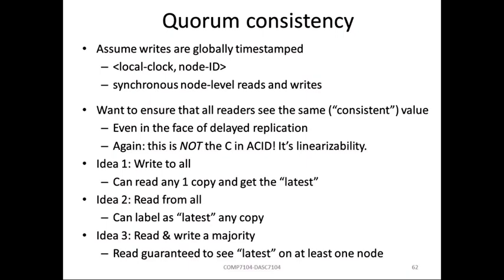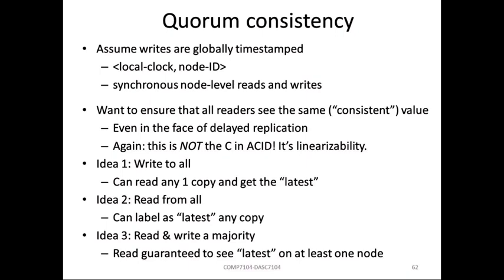Another approach would be to read from all copies, and if we have timestamps indicating when each copy has been modified, we can figure out which one is the latest, and therefore we can once again have access to the latest value of that piece of data.